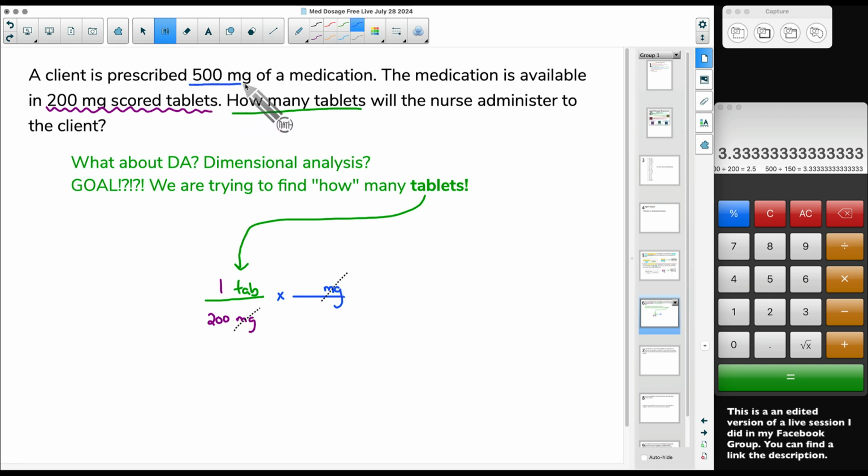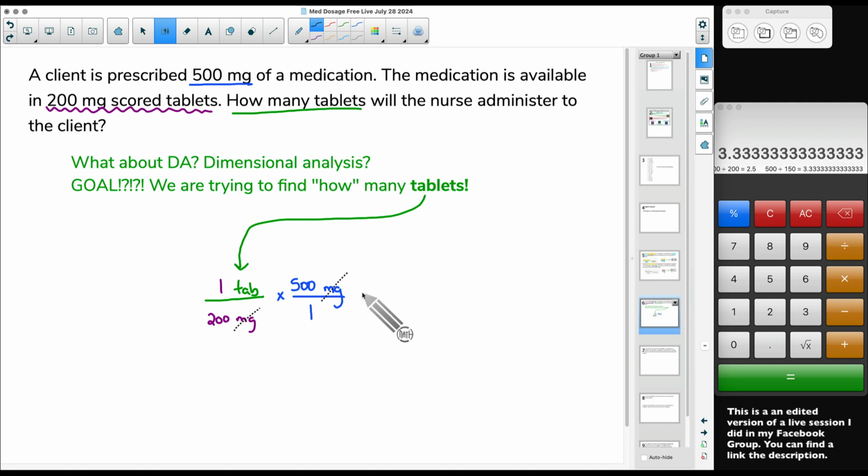And now, yes, some of y'all are like, okay, we're going to bring in what's desired. But honestly, you don't have to worry about desired and available. The one tablet was connected to 200 milligrams. And to get rid of milligrams, we're going to put the milligrams at the top. 500 milligrams. What do we put this over? One understood dose. That's the one dose or the one order or the one prescription.